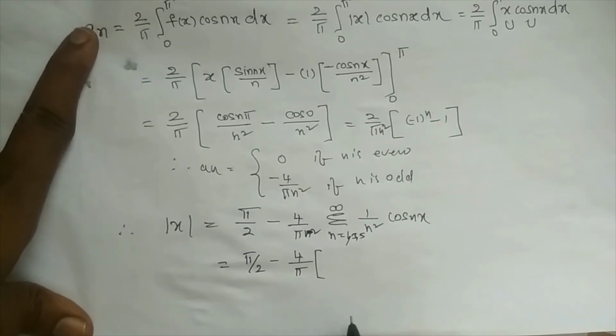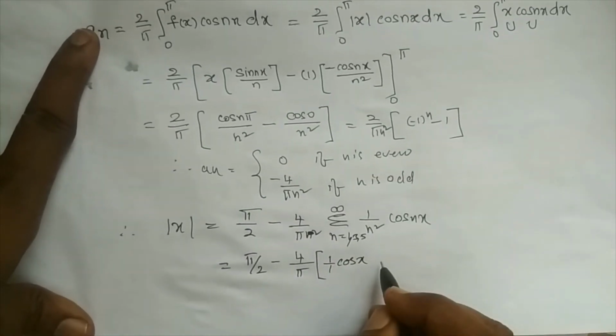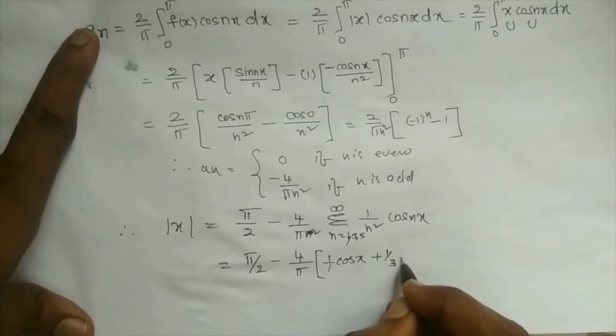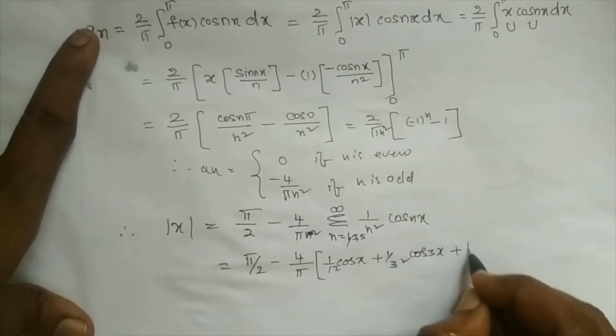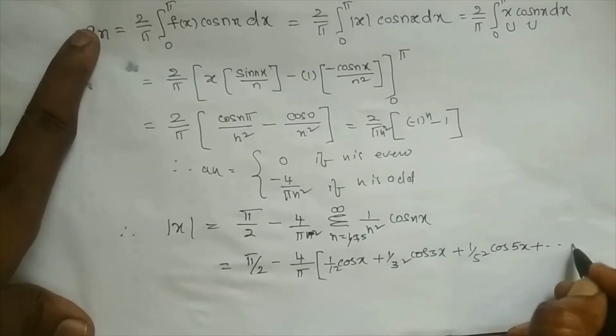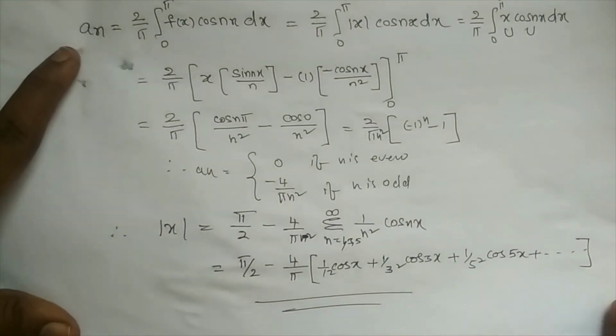So this is 1 by 1 cos x plus 1 by 3 square cos 3x plus 1 by 5 square cos 5x and so on. This is the final. Thank you.